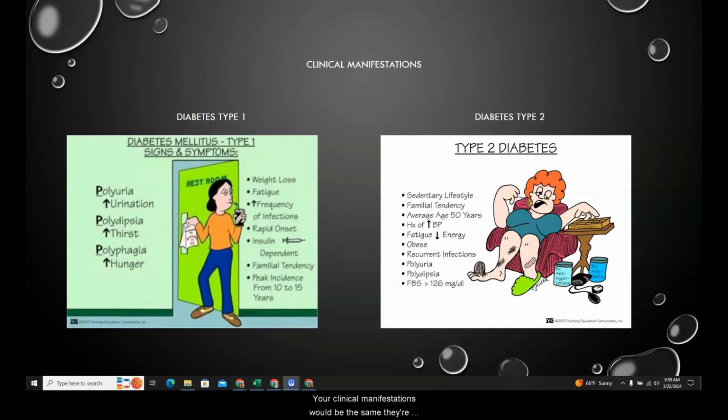Your clinical manifestations would be the same. They're still going to have the polyuria, polydipsia, polyphagia. They'll live a more sedentary lifestyle. They aren't active. They aren't engaged in physical activities. There is still the familial tendency.